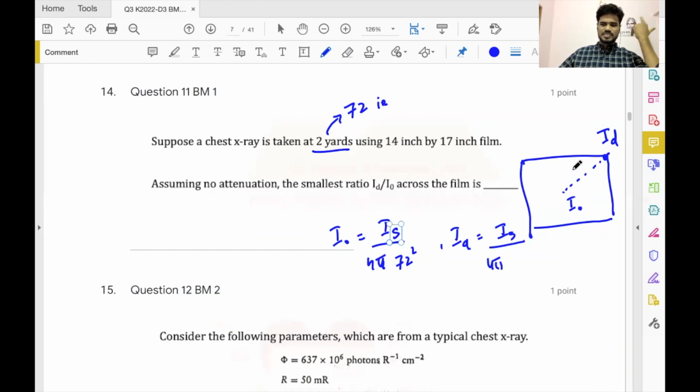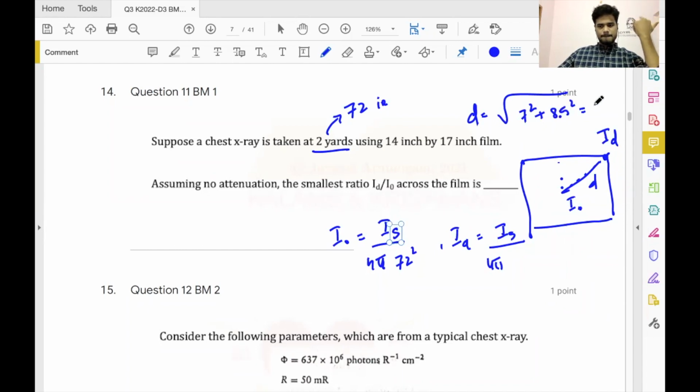What is that distance? Can we quickly find this distance? Under root of 14 divided by 2 square plus 17 divided by 2 square. So that is 7 square plus 8.5 square, right?